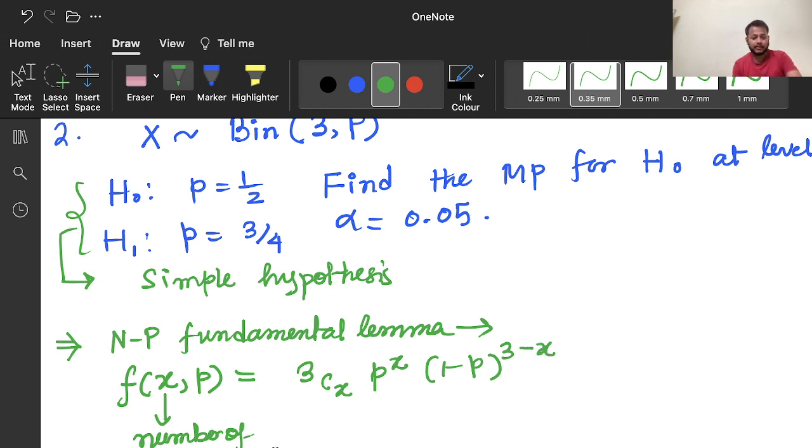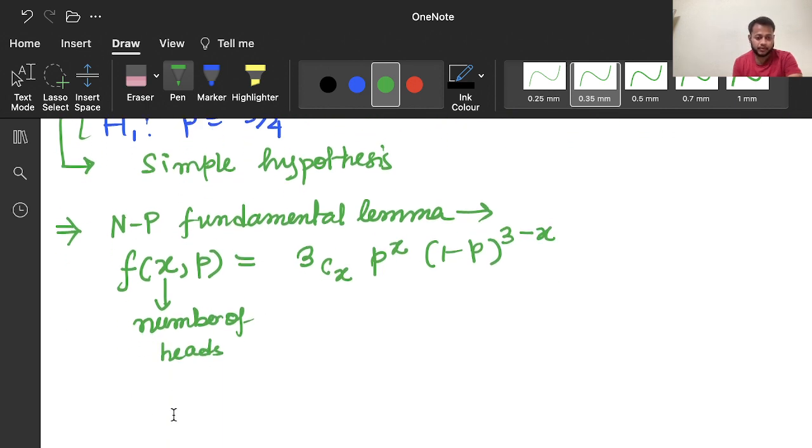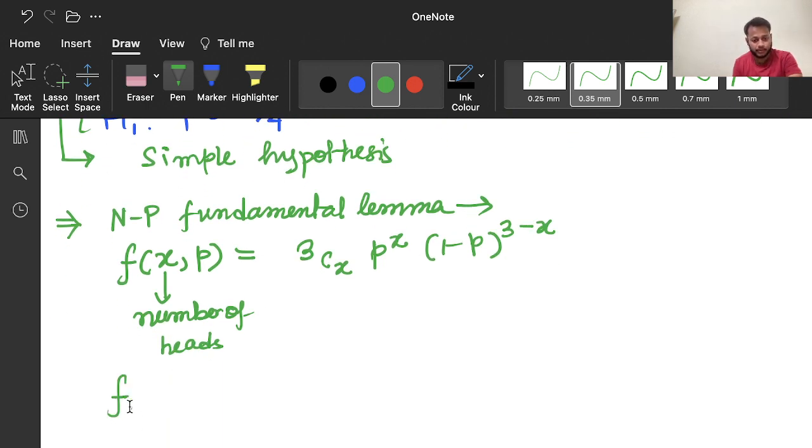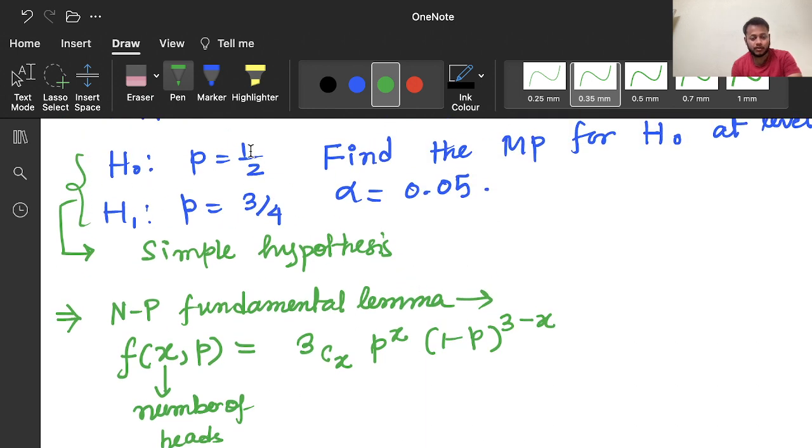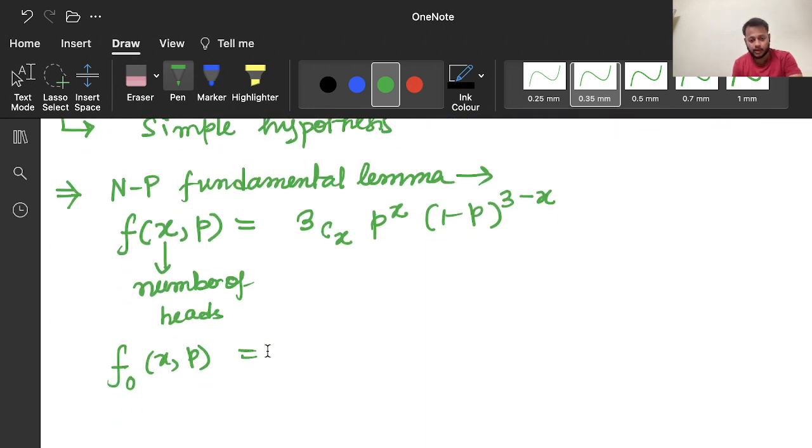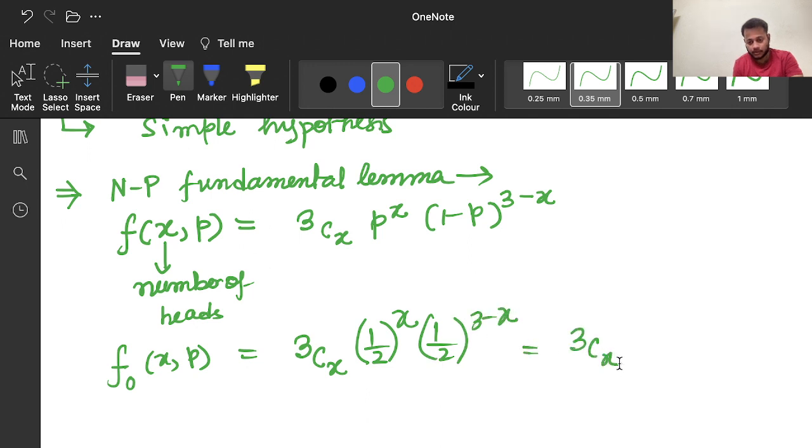Under the null hypothesis, what will be the probability distribution? F0 of x comma p, with p equal to half, is 3Cx half to the power x half to the power 3 minus x, so that will be 3Cx half cube.